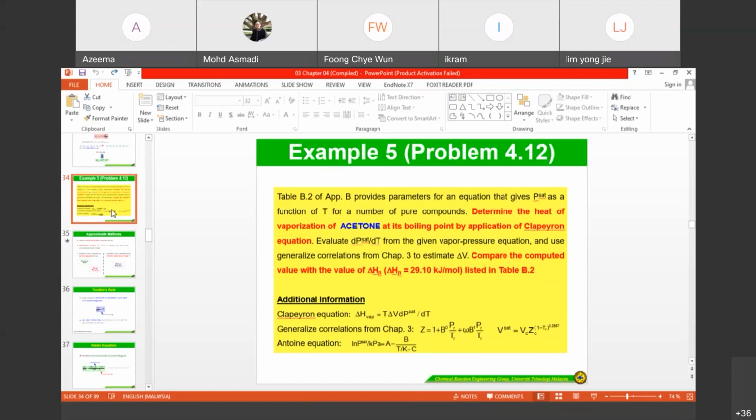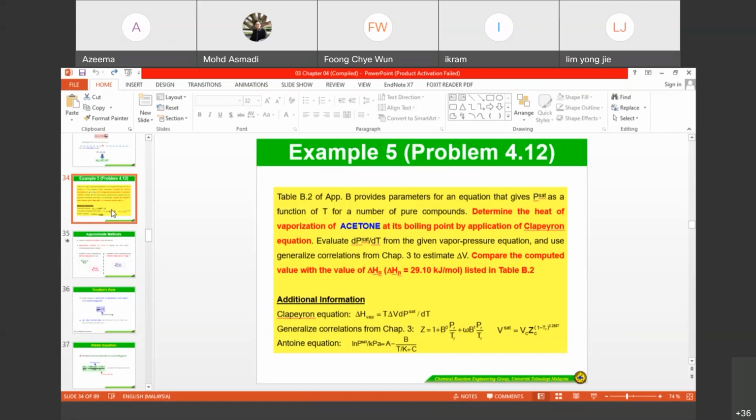If no questions, I want to move to the next example. Okay, no questions.